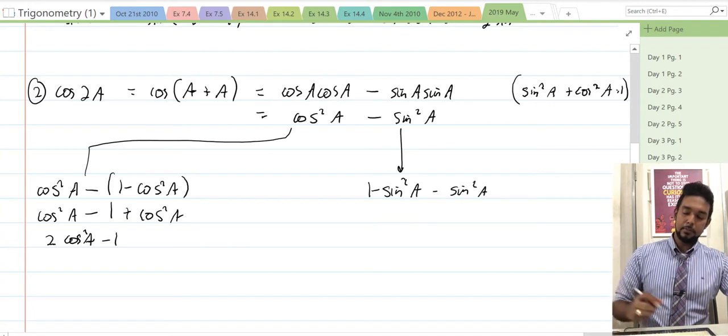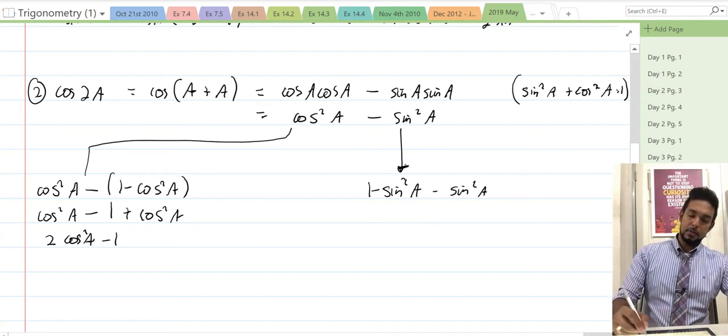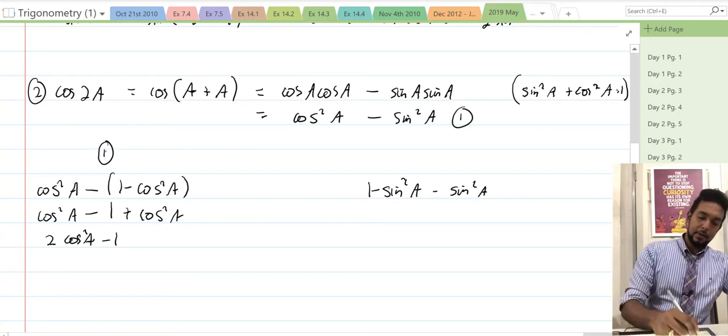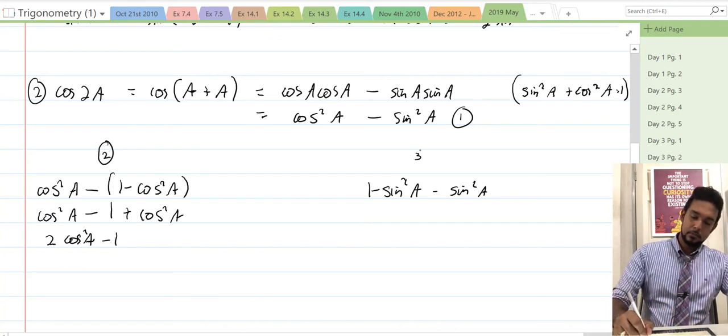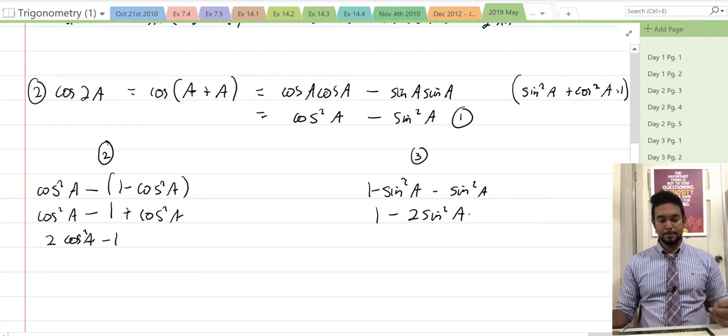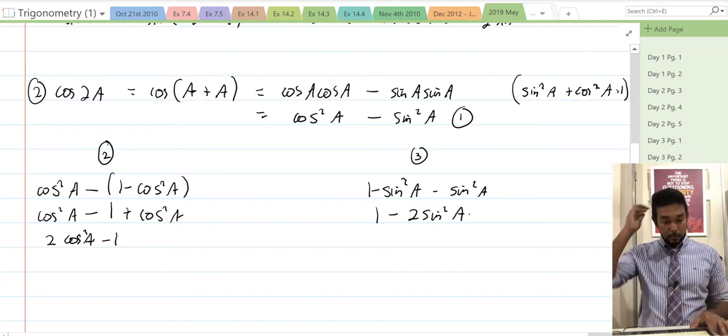Sorry, that kind of looks a bit misleading. Sorry, this is option 1. I should say this therefore becomes options 2 and 3. Alright, and 1 minus sine squared gives us what? 1 minus 2 sine squared a. Alright.